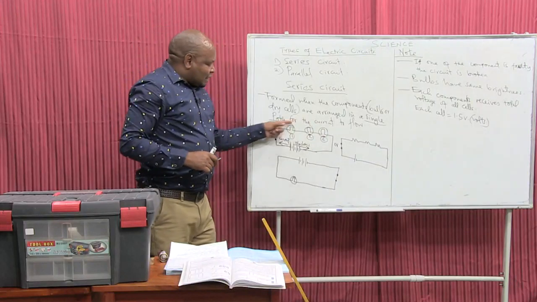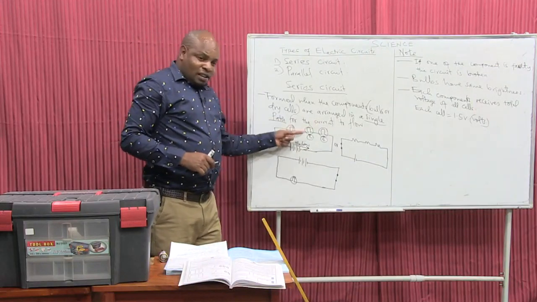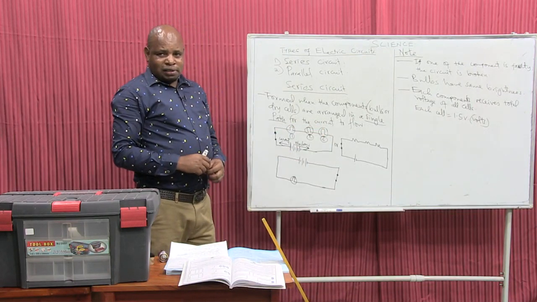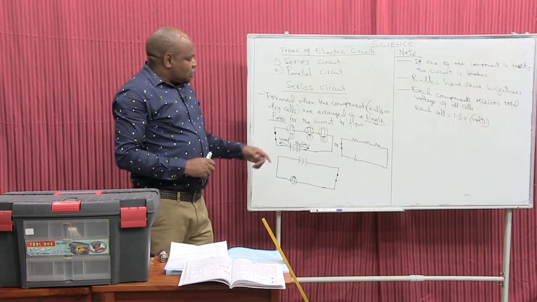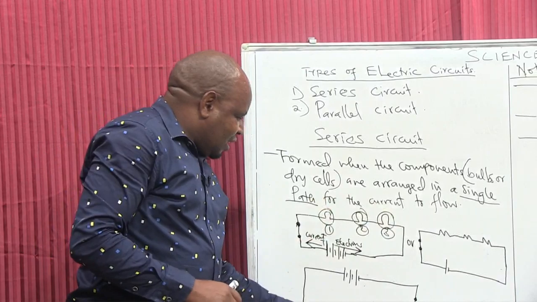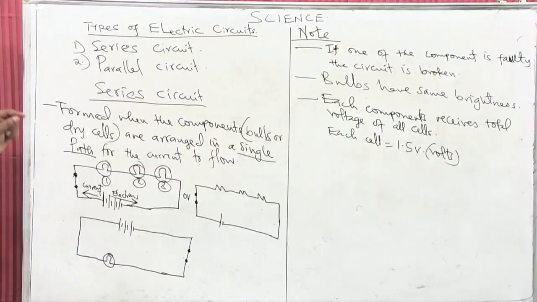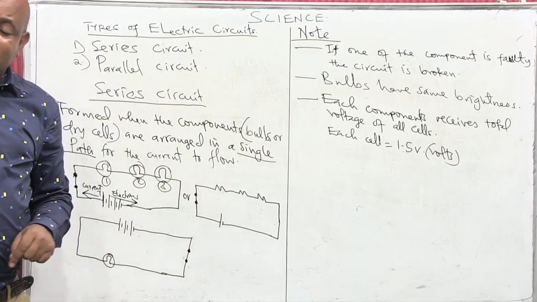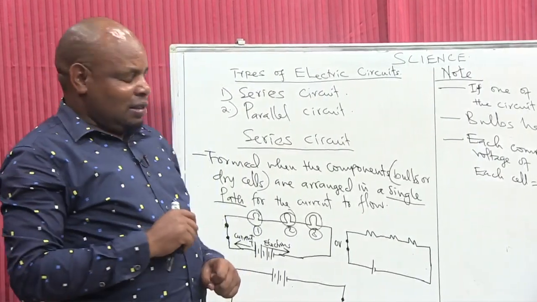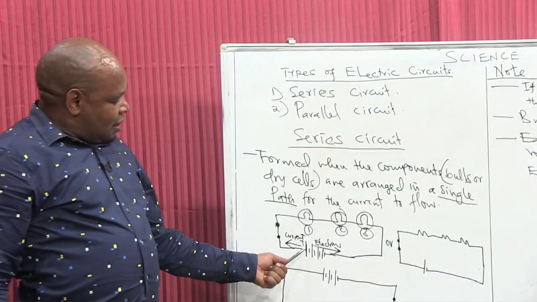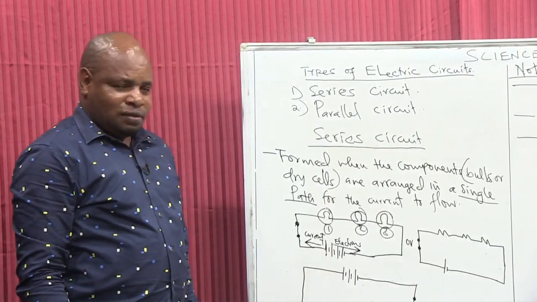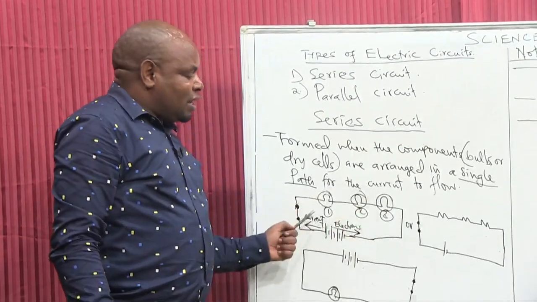You can easily get the total voltage received by these 3 bulbs. The total voltage here is equal to the voltage of a single cell multiplied by the number of dry cells in the circuit. For example, here, our circuit has got how many cells? 4 cells. So you can find the total voltage.